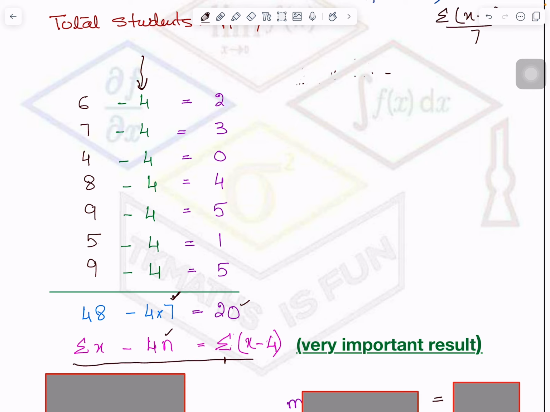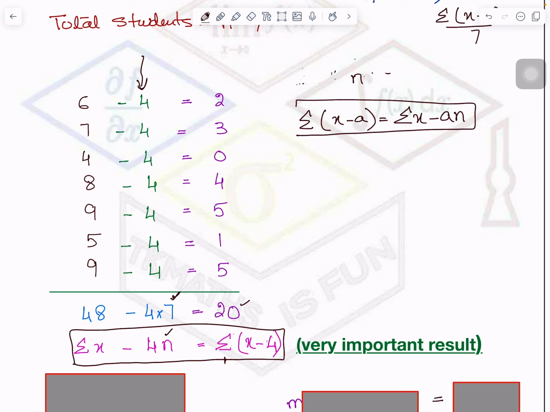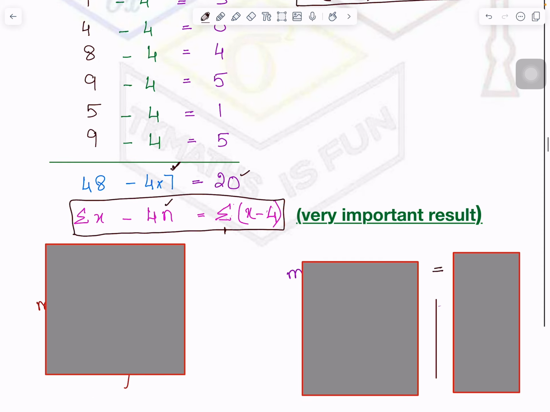If I write sigma x minus a, suppose the total number of data is n, I can say sigma x minus a times n, so this is equal to it. This is an important result.